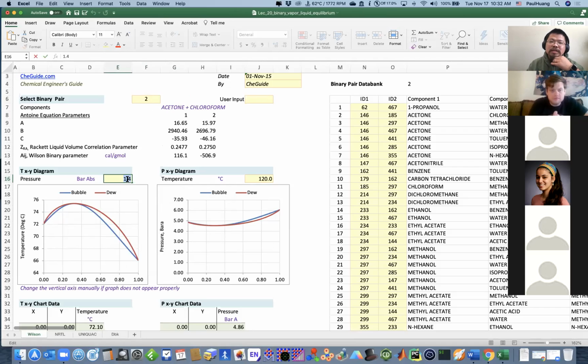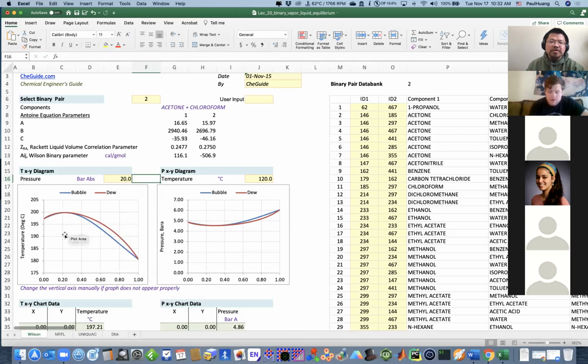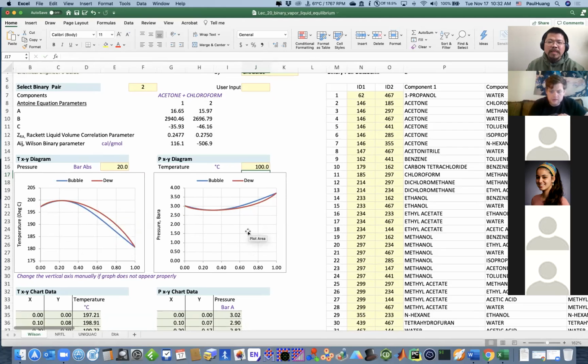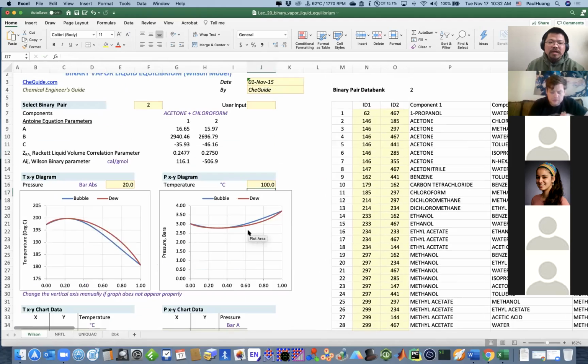That is the total pressure available to us. If we change the pressure, then you're going to change the curve. This is the TXY diagram, and temperature as well, right? If you change this to any value, let's say 100, then you are going to modify this slightly, just shifting this a little bit. So this is the other.